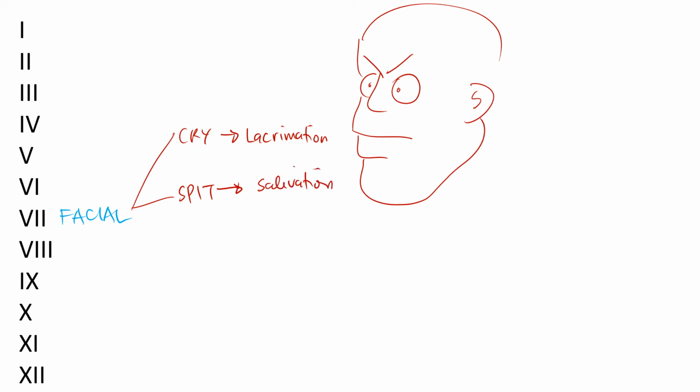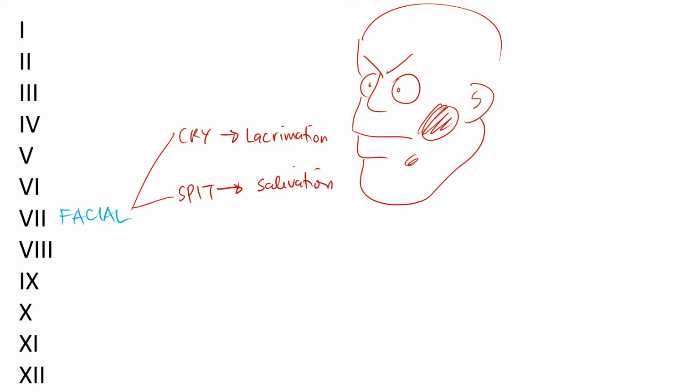Your salivary glands. You have several salivary glands. You have your parotids, you have your sublinguals, you have many other salivary glands. Now just picture a green mango. It's very sour. Imagine tasting it right now. So you basically are now salivating. That's the function of your facial nerve.